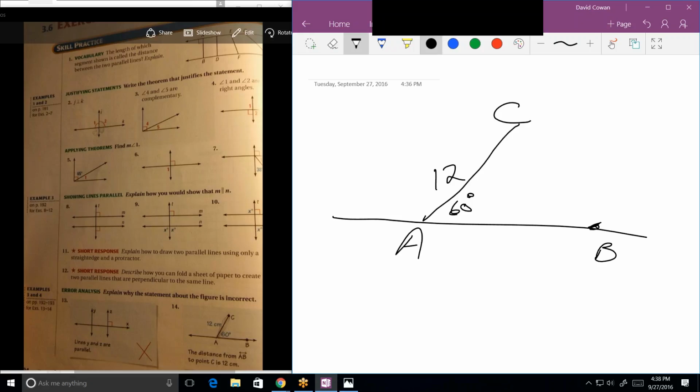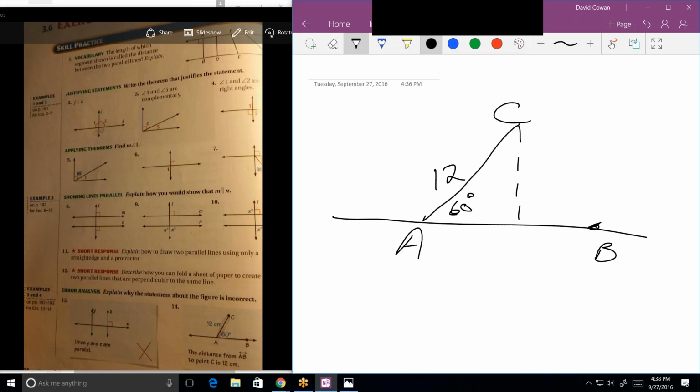No, what they're trying to say is the distance from AB to point C is 12 centimeters. Oh, so they're saying this distance right here. Yeah, you're right. They are. Because they're asking what's the shortest distance from the line segment to the point? Well, that's always a perpendicular distance. Even if it's shorter by 0.000001 centimeter, it's still shorter. And we do know that it's shorter.